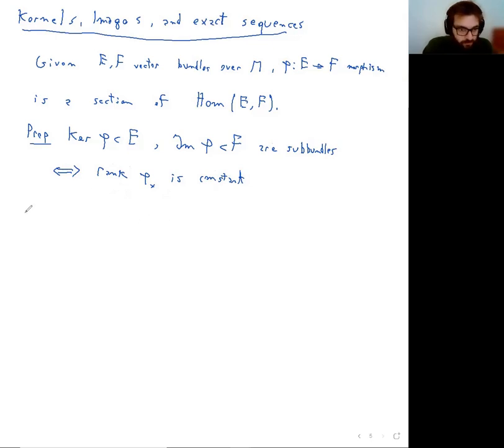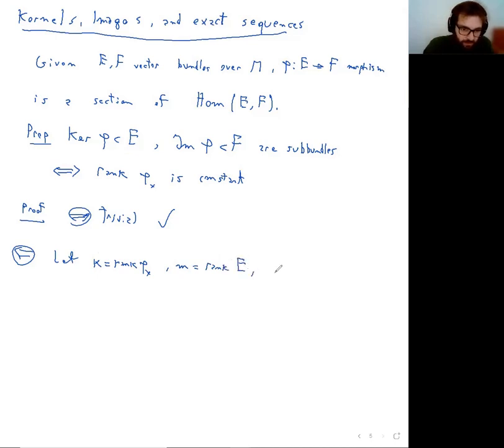Proof. One direction is trivial, because if they are subbundles, then at every point you have the same rank. Let's see the other direction. So the rank of phi_x is constant; let's call it k. And let's also give names to the other ranks, m and l.